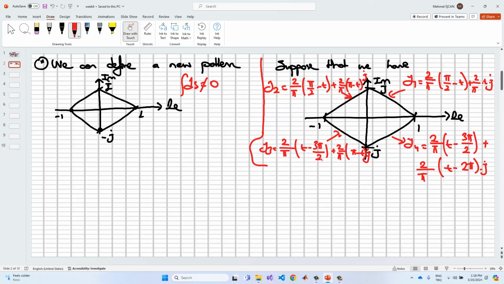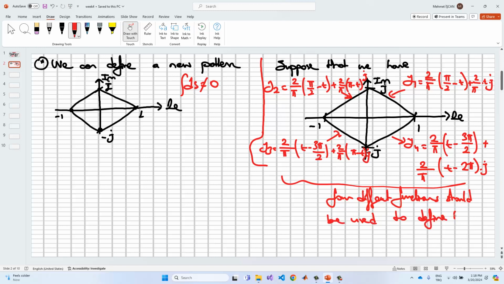But this problem, 4 different functions should be used to define this pattern. And so in real life we can see this signal just like this one.